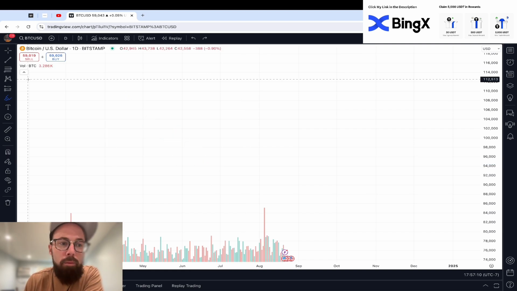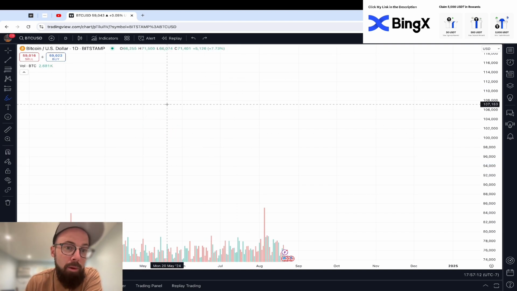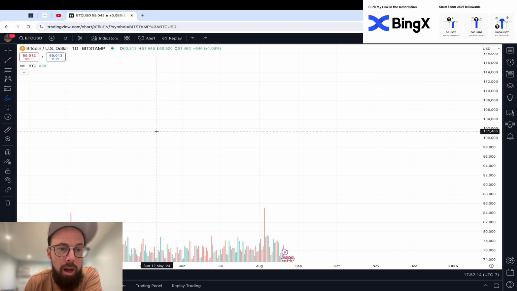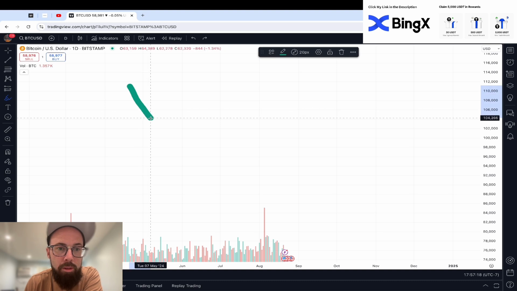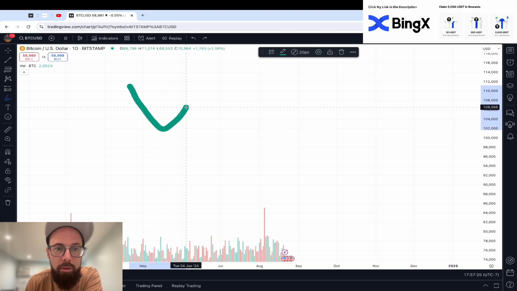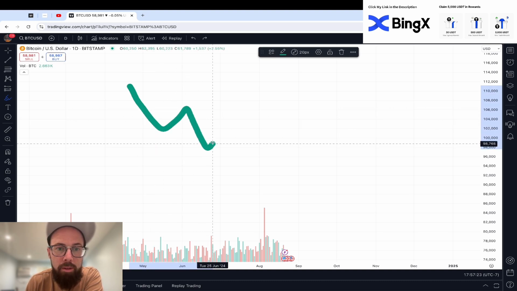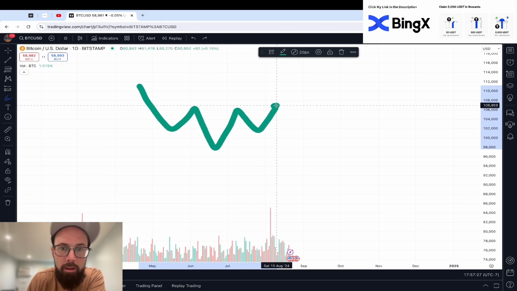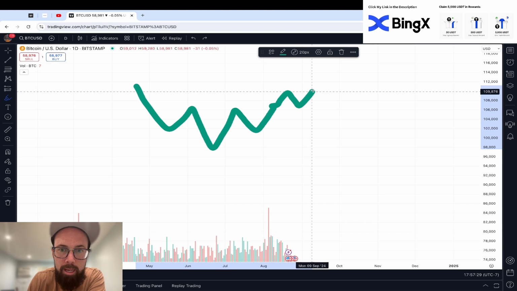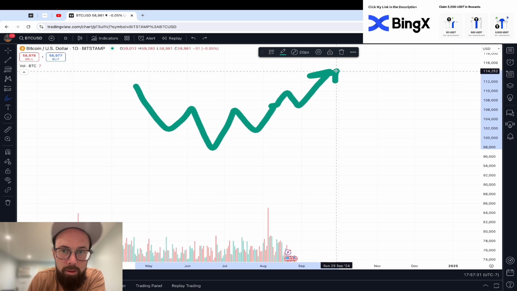So what are the reversal patterns to look out for? Well, one that happens a lot in crypto is an inverse head and shoulders. So you got left shoulder, head, right shoulder, neckline, breaks through, retests, and continues upward.